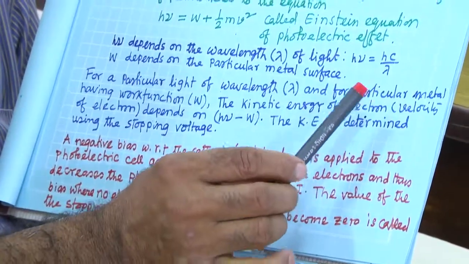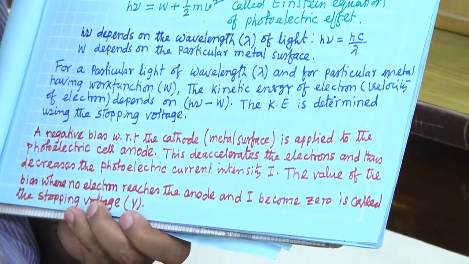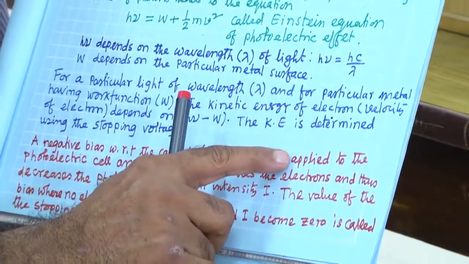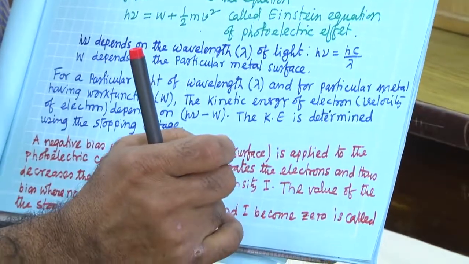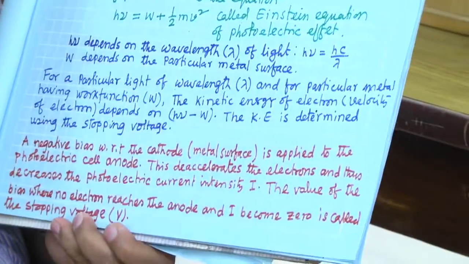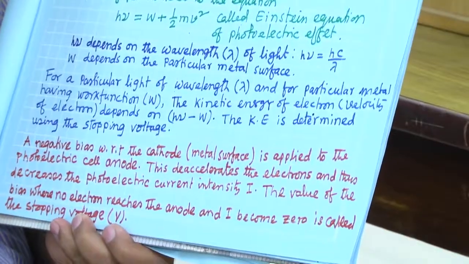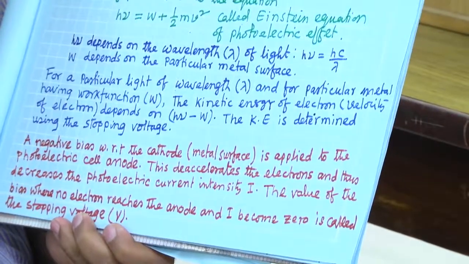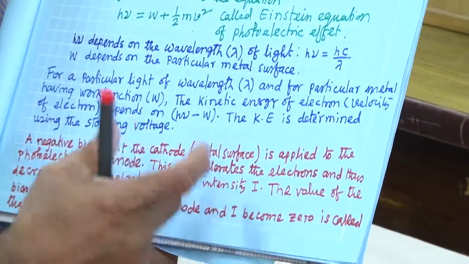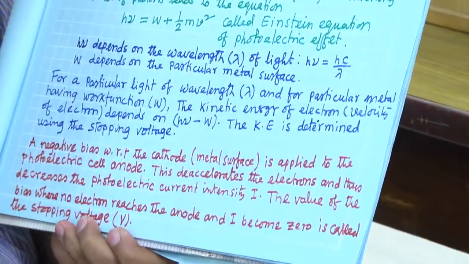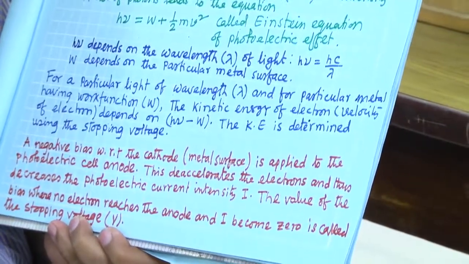So the plate current will be 0. The voltage at which the plate current becomes 0 is taken as the stopping voltage, and the corresponding potential energy is eV. This opposing energy, eV, will be equal to the kinetic energy of the electron.